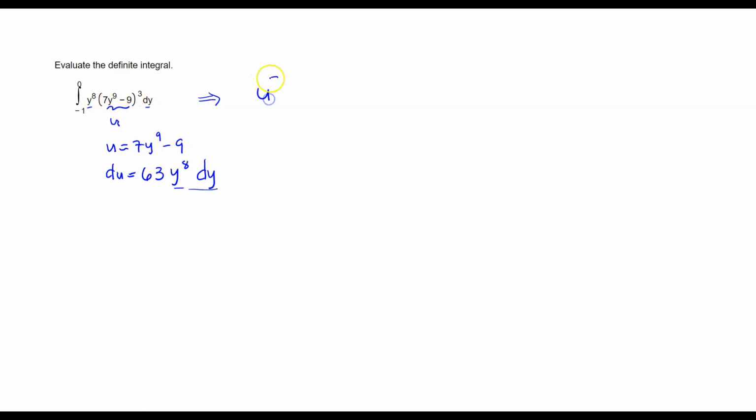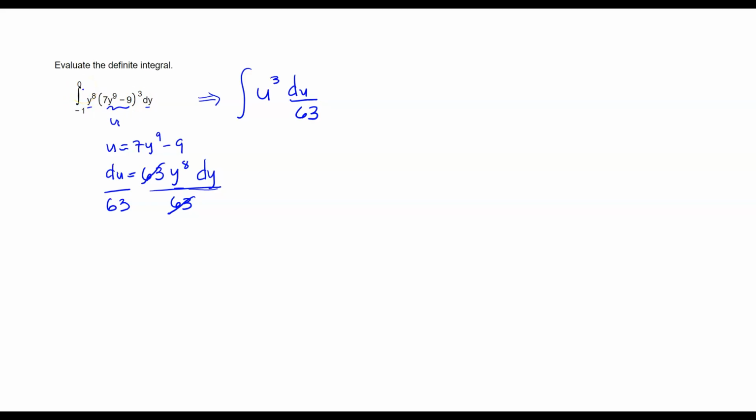So that means u cubed, and the y to the 8th dy, you can isolate that, can be replaced now by du over 63. So you will have du over 63. Now, for the limits of integration, this is the value for y. So that is in terms of y. So y from -1 to 0.